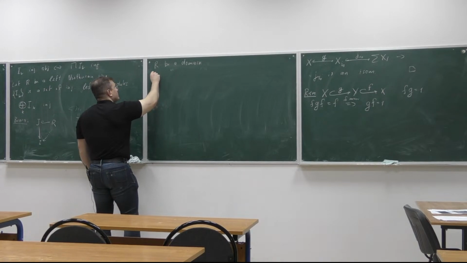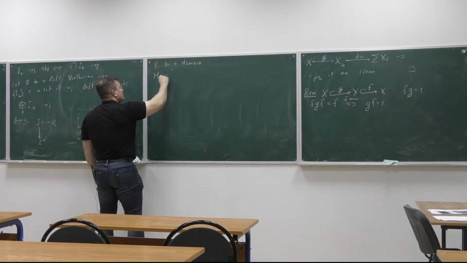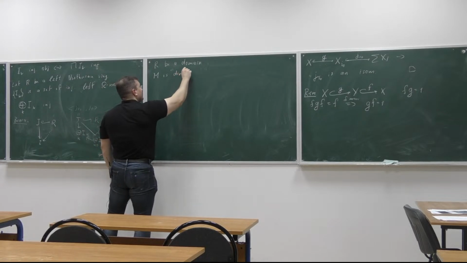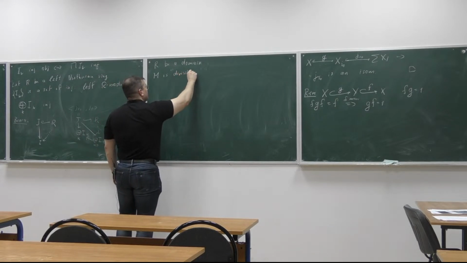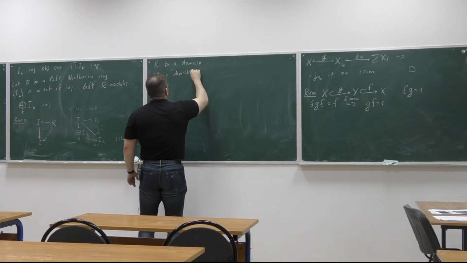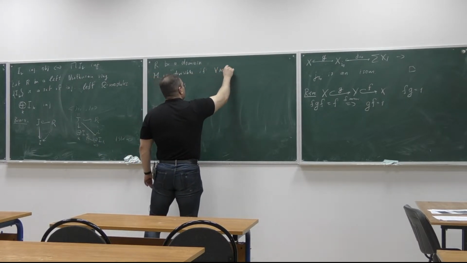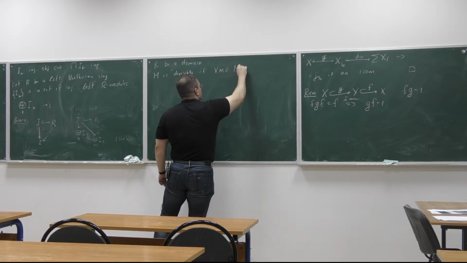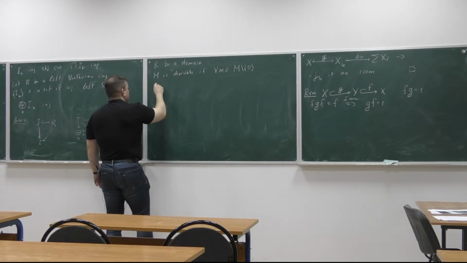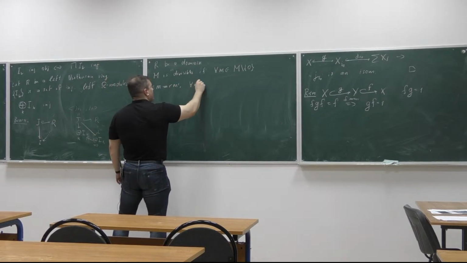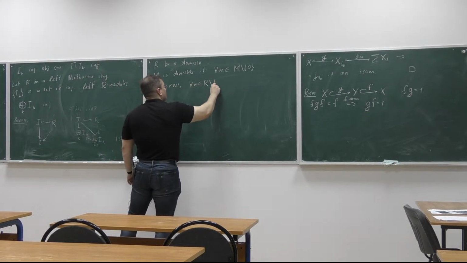So recall that a module M over R is divisible if we have the following. We take any little m in the M, which is not a zero element, and then we can write this m as r m prime for any r in the ring, again non-zero.